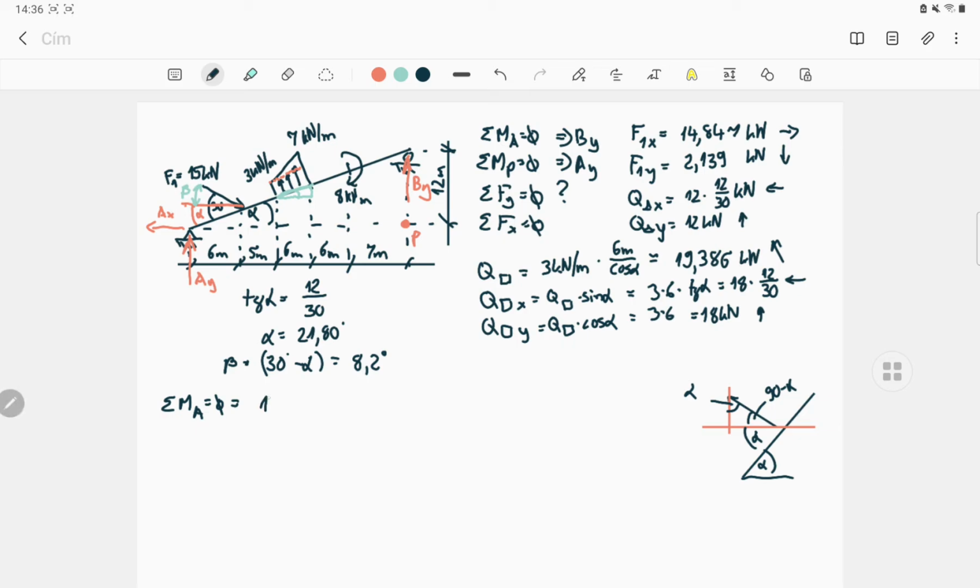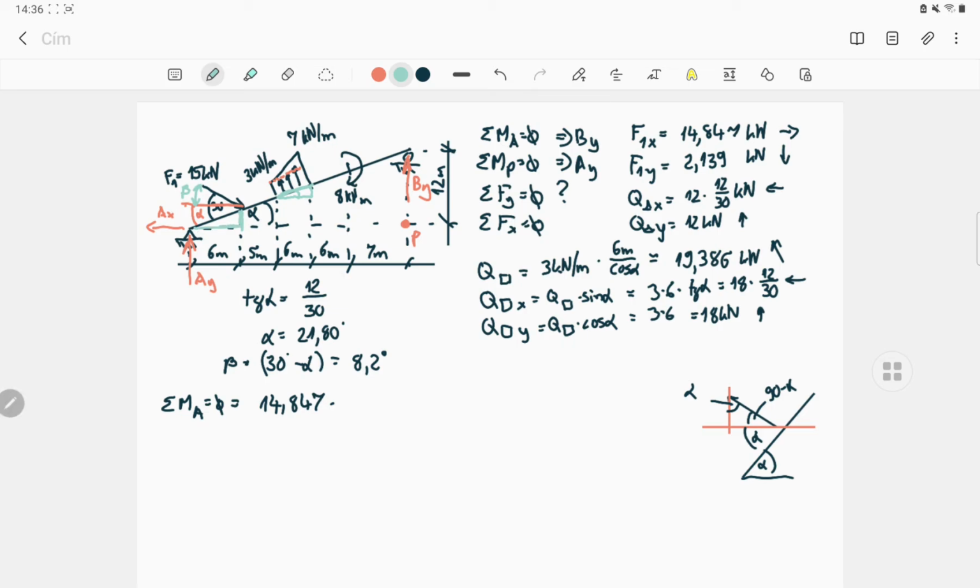So the F1x, 14.847. This is the F1x times, we need this distance, let me mark with green, this one, because from the A point, the perpendicular distance is that one. This is an X force, so we need a Y distance.